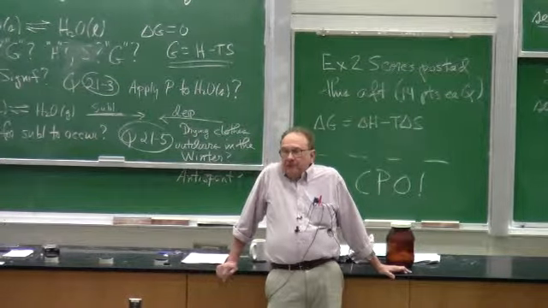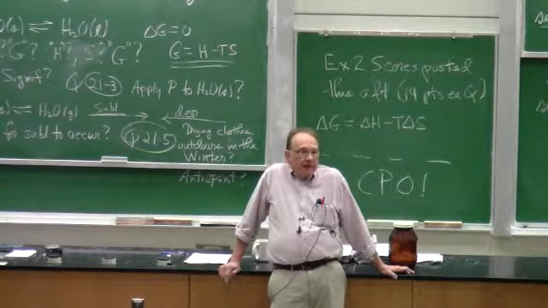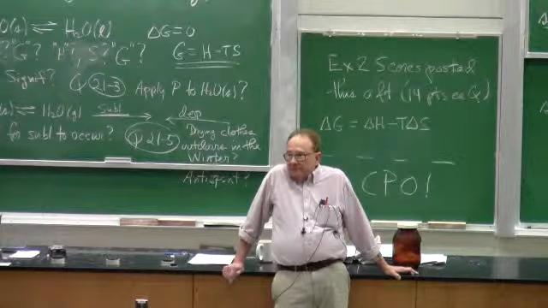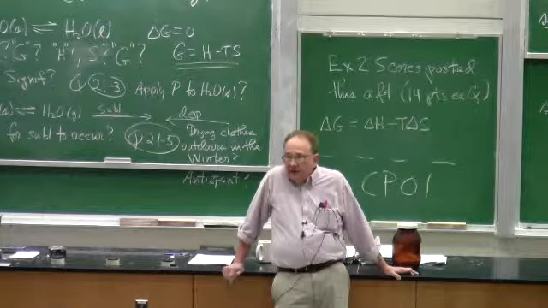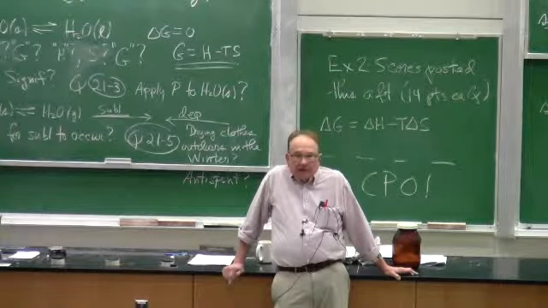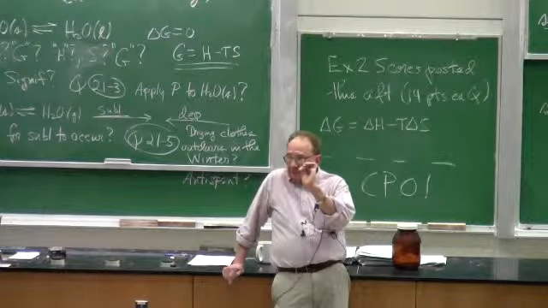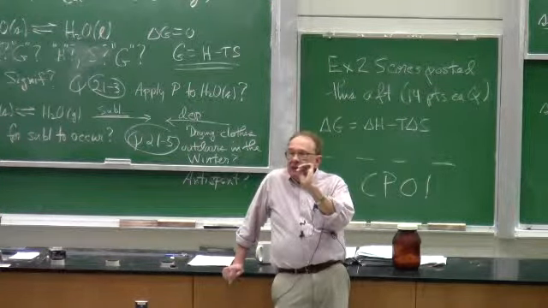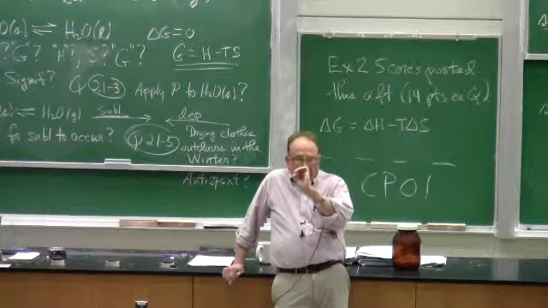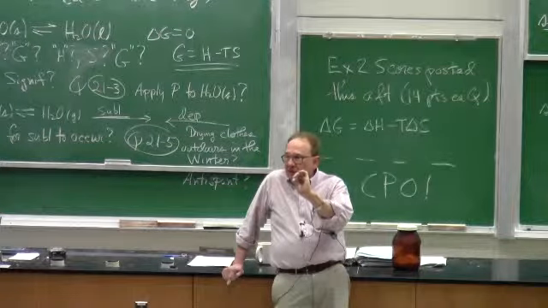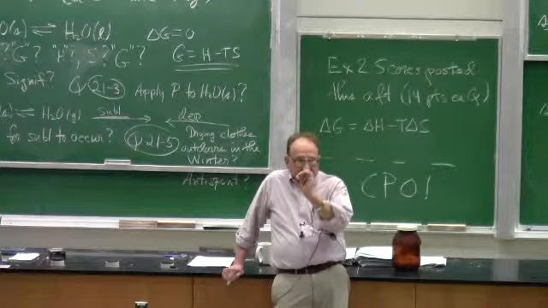Well, if you pick a point underneath line AD that corresponds to water in the solid phase, and from this point, which would be any point on the diagram between 0 degrees centigrade and minus 22 degrees centigrade, okay?